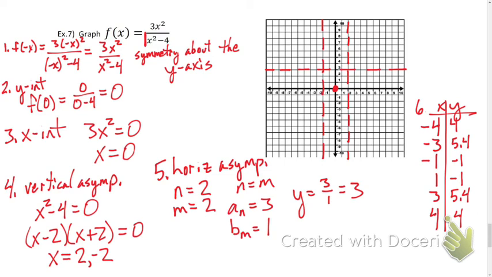So -4, 4, -3, 5.4, -1, -1, 1, -1, 3, 5.4, and 4, 4.